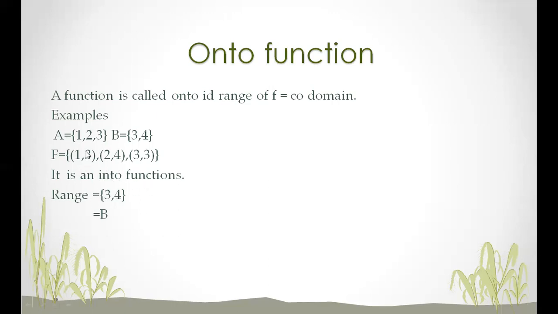In the definition of a function, we have to use each element of A. In an onto function, with the elements of A we write each element of B. In a simple function it is not necessary to make all the elements of B images, but here all the elements of B must be images of the elements of set A. Then it makes an onto function. Here B has two elements, 3 and 4, and you have to write both 3 and 4, so it is an onto function.